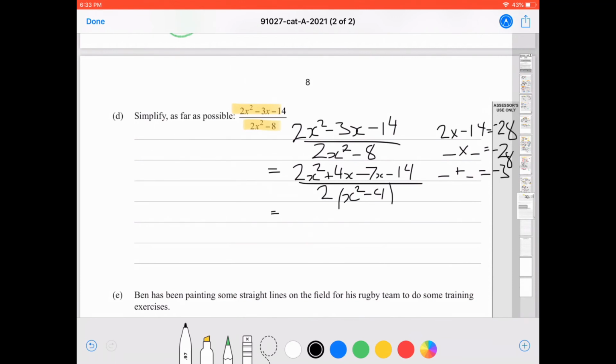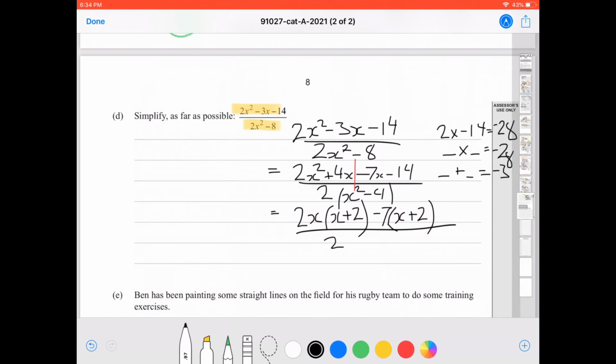Okay, on the numerator, let's continue with our factorization. Let's split the quadratic in half, and we'll factorize the left-hand side, 2x, and x plus 2. And for the right-hand side, minus 7, and then x plus 2. And this is all over 2.